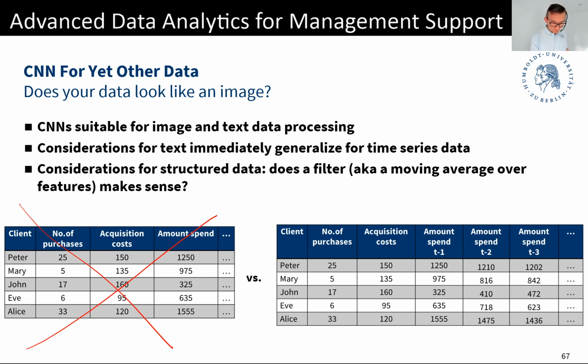Mathematically, of course, I can have this filter, which is 3 by 2. And I'm having a matrix, so I can move the filter over the matrix. Mathematically, that's okay.